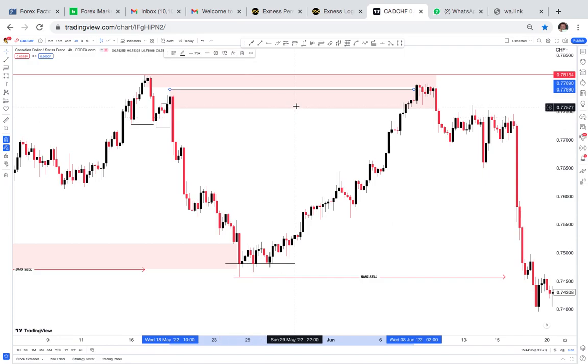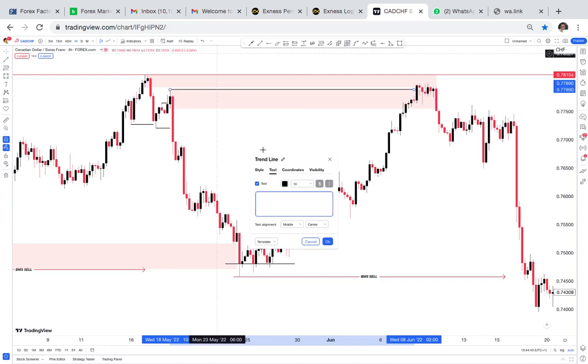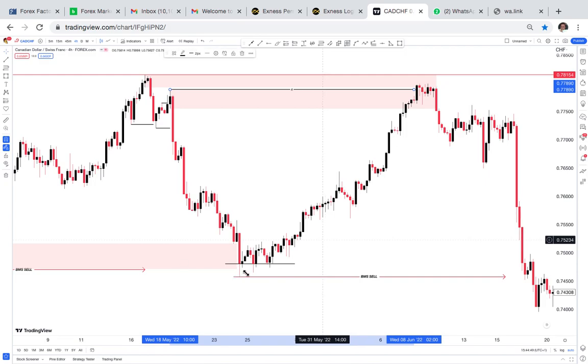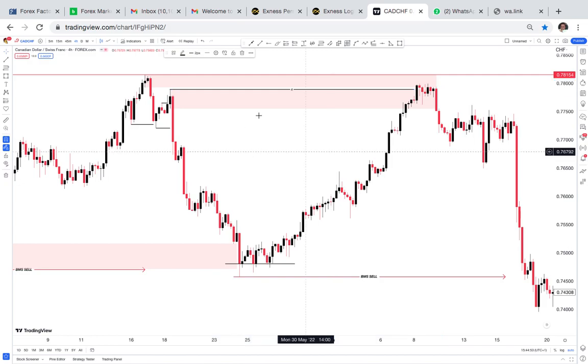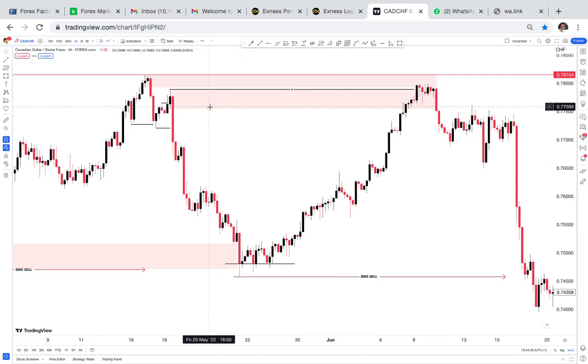I would have entered from here. I won't lie to you, because I believe that guy there should still be protected. Okay, because of the change here. I believe that guy should still be protected. So this zone is where I'll be looking at to sell from.